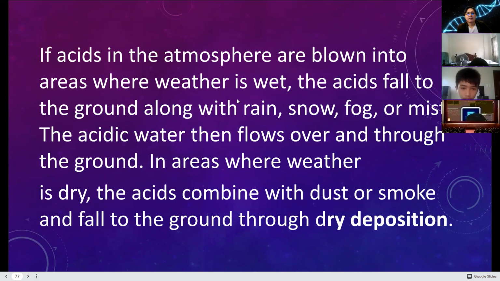Again, if the acid is blown into a wet environment or wet weather, it will mix with rain, snow, fog, or mist, or it will go into the flowing water that flows over the ground. While if it is combined with dust and smoke, it will go to the ground through dry deposition. It will mix with the air, right?